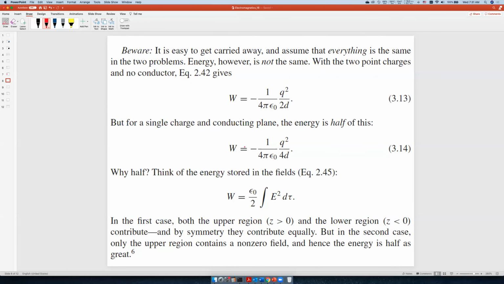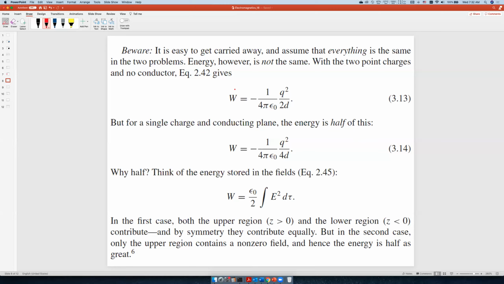So this conclusion is directly calculated from equation 2.42. Remember that in the conductor situation, the energy is halved because there's only one charge above the plane. But in the two charge situation, the energy is doubled because you really have two charges in the upper and the lower region, and the field lines are different.